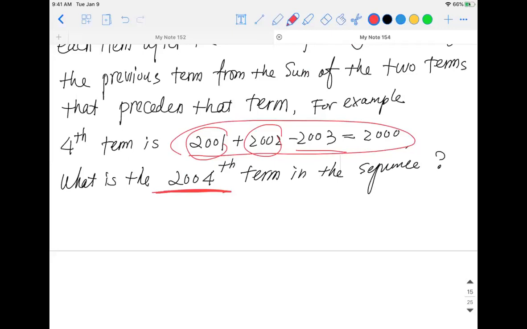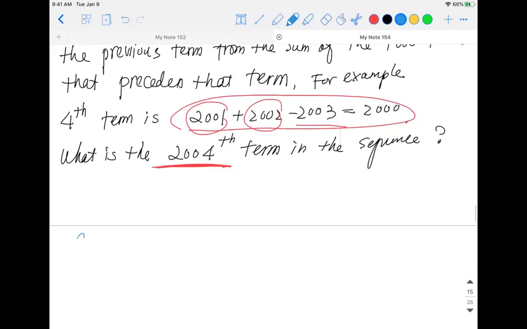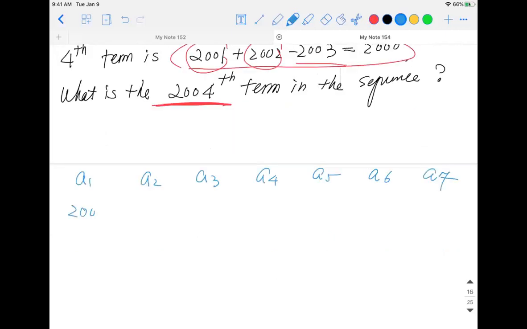Okay, let me just try to list out some terms for you. Maybe you'll find out what the pattern is. So, like I said, let's write A1, A2, A3, A4, A5, A6, A7. I think with 7 terms, fewer than 10 terms, you already get a hang of how it looks. A1 is 2001.